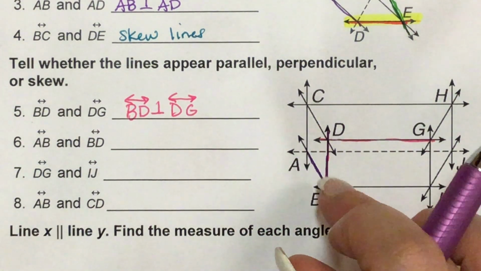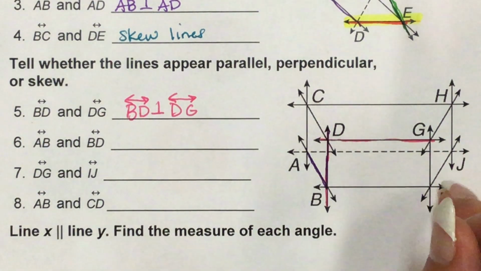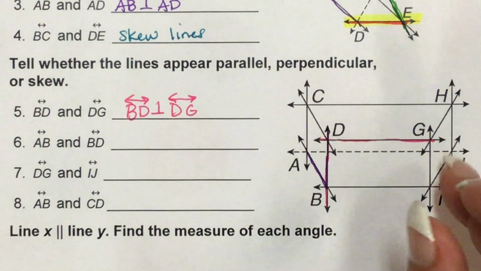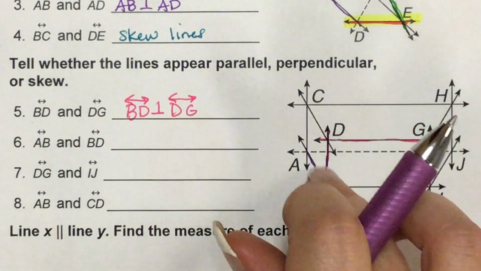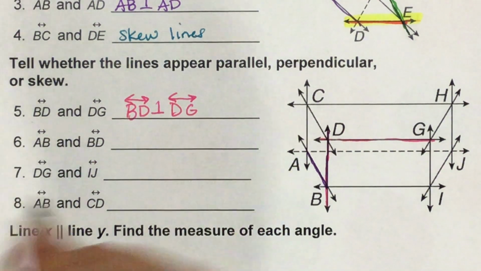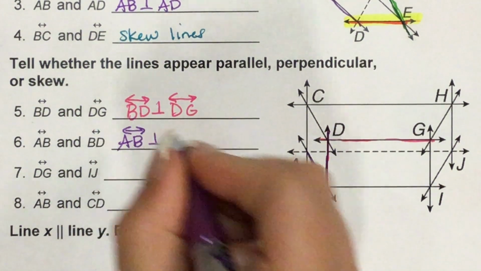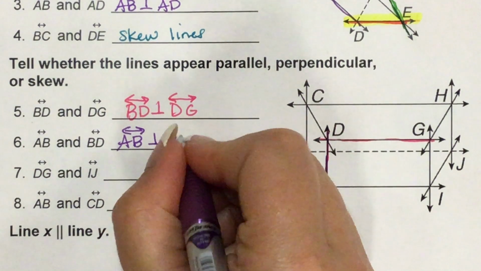So this one would be perpendicular as well. You have to look at the side of it and the way that this picture is. So we're going to say line AB is perpendicular to line BD.